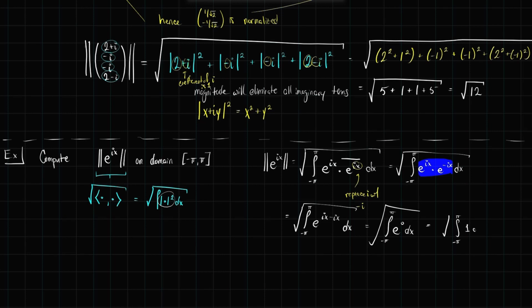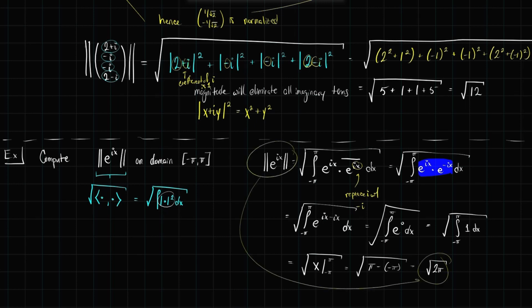So the integral from -pi to pi of 1 dx. And what is an antiderivative of 1? It's just x evaluated at minus pi and pi. Or in other words, it's pi minus negative pi. The minus signs cancel, and I have root 2 pi as my magnitude. So what I've discovered is the magnitude of e to the ix on this particular domain is root 2 pi.